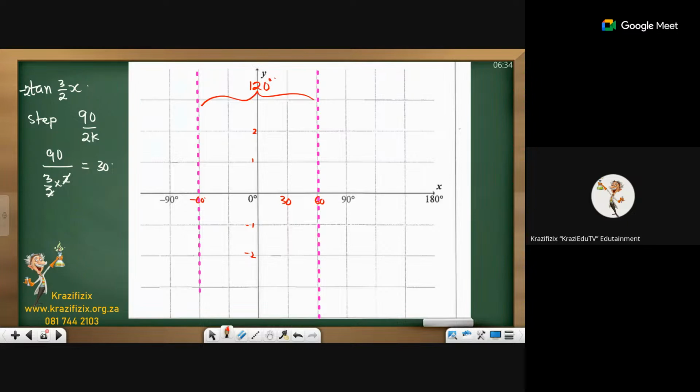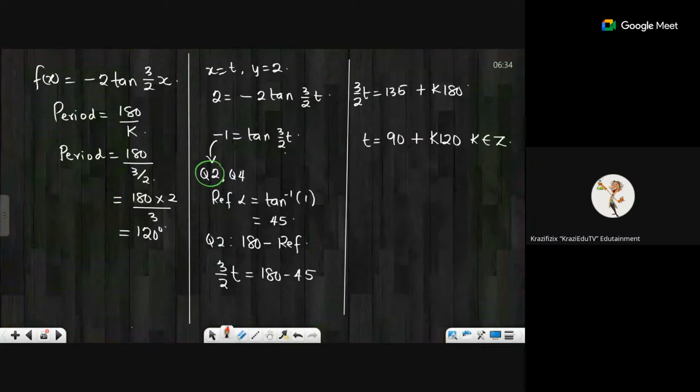Is that fine? Negative what it was, but guys, please sketch the graph and walk through. You just know what your graph should look like now. I am going to jump and answer the last question for you.